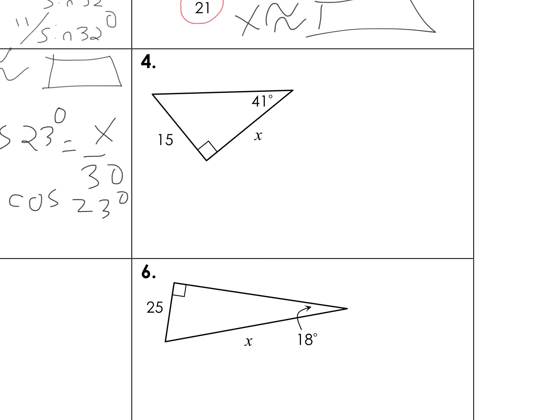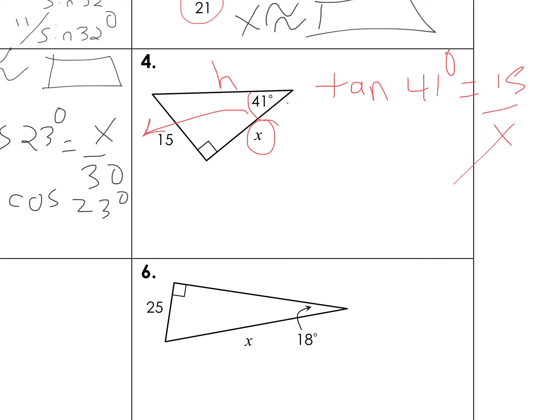Number 4. Same old, same old. I have an angle. I have this side across from it, and I have this side that's adjacent. I do not have the hypotenuse. So I'm going to use the tangent function. Tangent of 41 degrees must be equal to 15 over x.